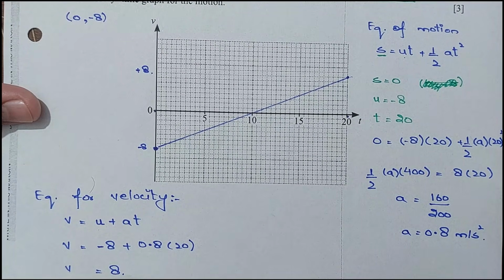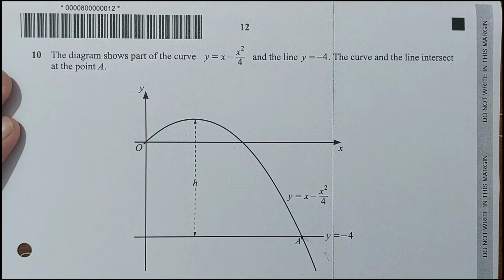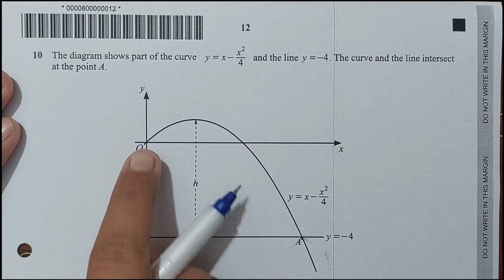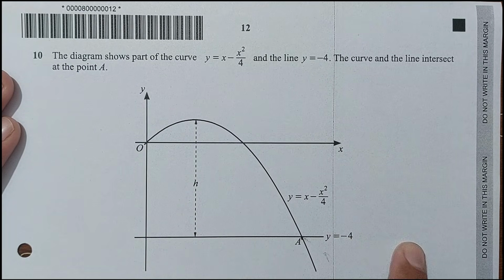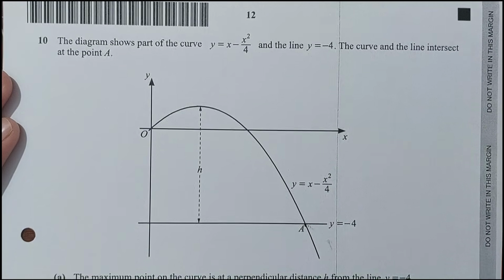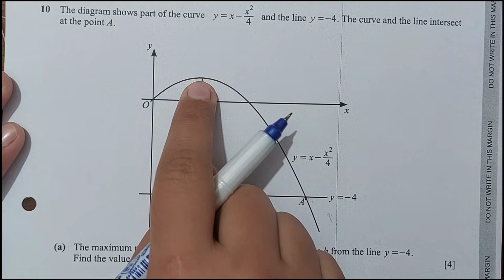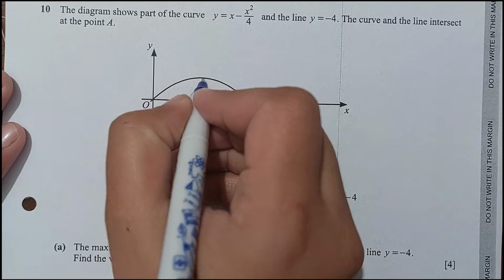Question number 10, the diagram shows the part of the curve and the line. The curve and the line intersect at point A. This is a curve and this is a line. They intersect at point A, right? Now for part A, the maximum point on the curve is, this is a maximum point on the curve.